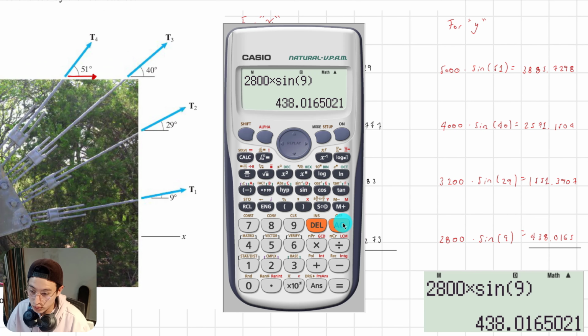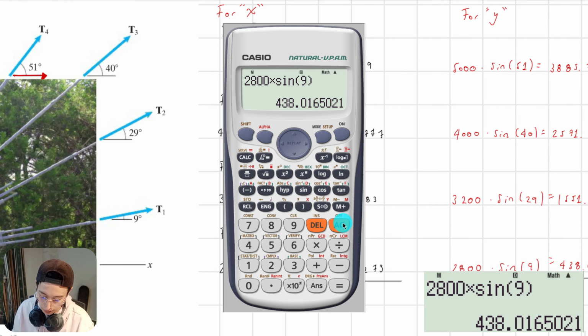I'm going to do the final results once again, to make sure I didn't make a mistake during the calculator process. And I'm going to save the results in every single slot within the calculator.